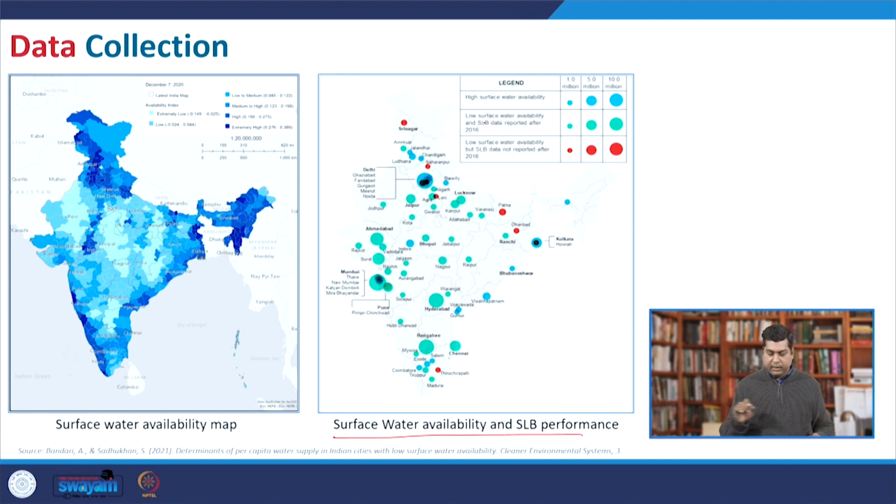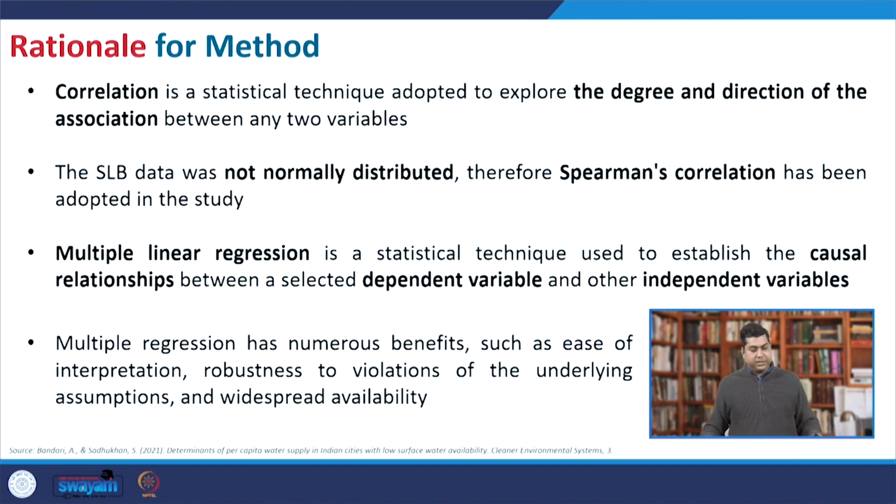If you map these two, it is nothing but the extraction of information. For example, this area, Srinagar, has high surface water availability, and these areas have some sort of color coding with that.